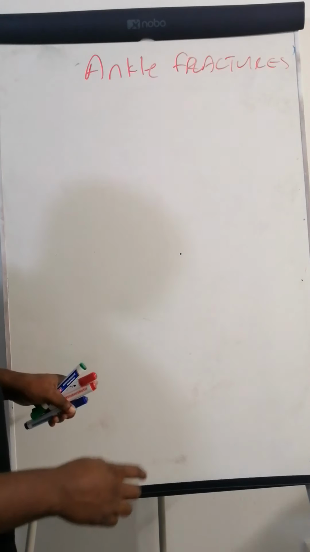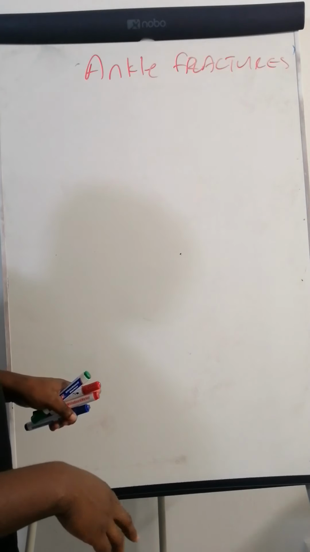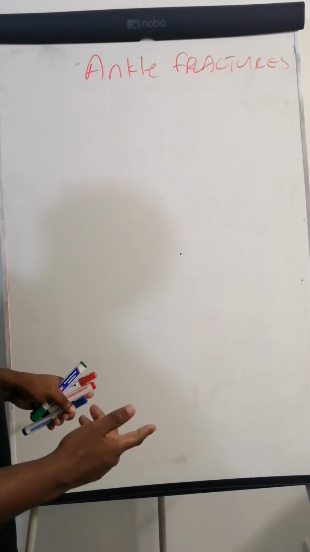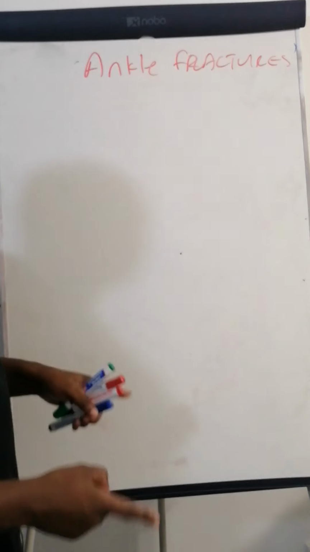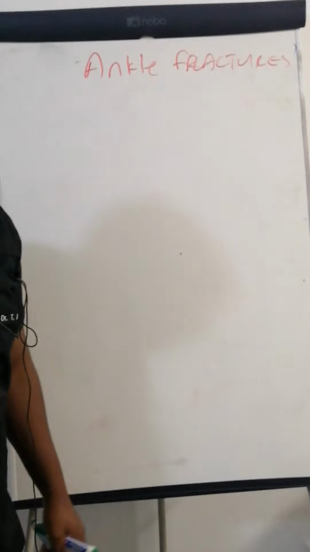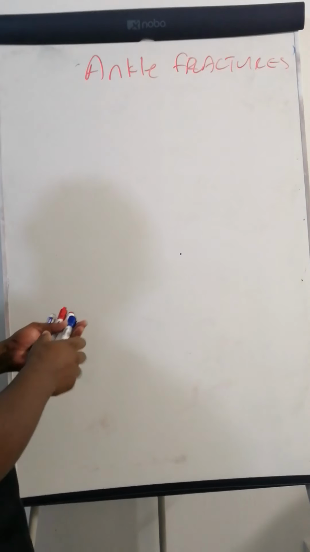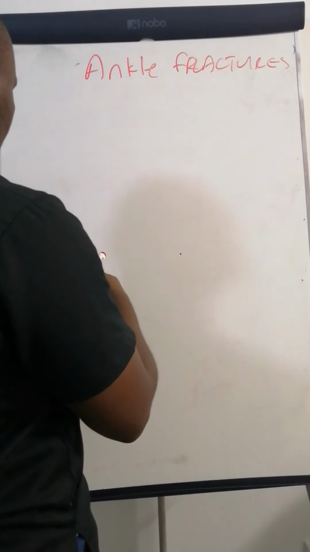So here the soft tissue or ligament injuries that I'm going to talk about will be related to fractures, but the video that I'm planning to do is going to be just isolated sprains, like your ankle sprains. Okay, so let's get to it.